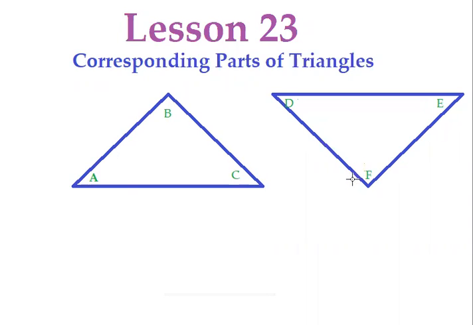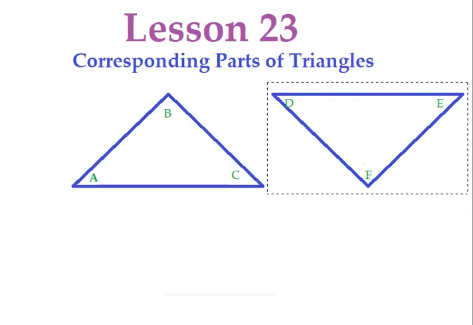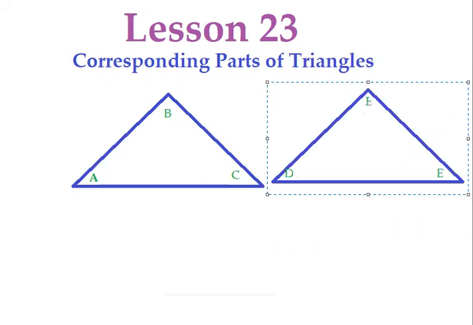I should not. I should put the corresponding parts, the parts that are congruent, in the same order. So when I look at triangle DEF, maybe it's congruent, but it would be a lot better if I flipped it over and saw it the same direction that triangle ABC was.